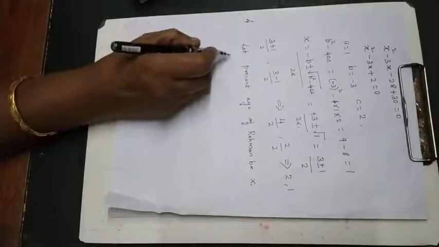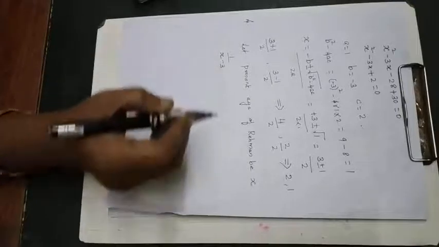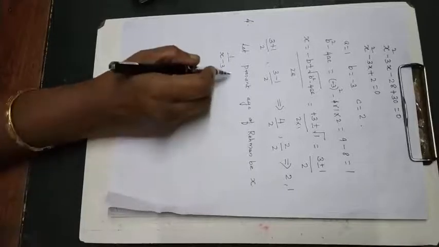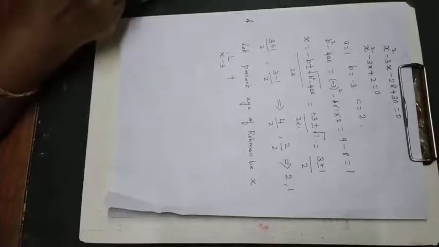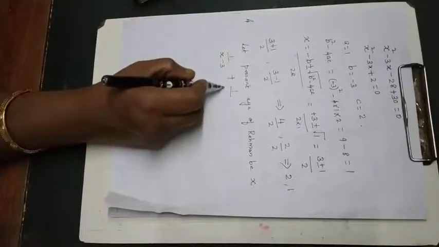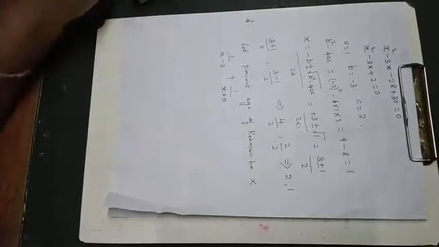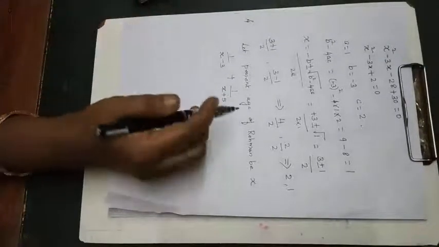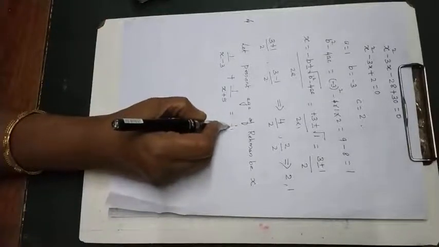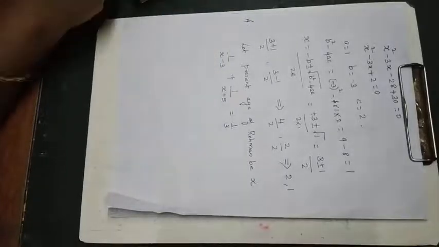So reciprocal of that one, that means 1 by x minus 3, and sum of that plus, 5 years from now, reciprocal of his age 5 years from now. 5 years from now he will be x plus 5 years old. Reciprocal of that one, that means 1 by x plus 5, that will be 1 by 3. Okay, so this is the equation you are getting.